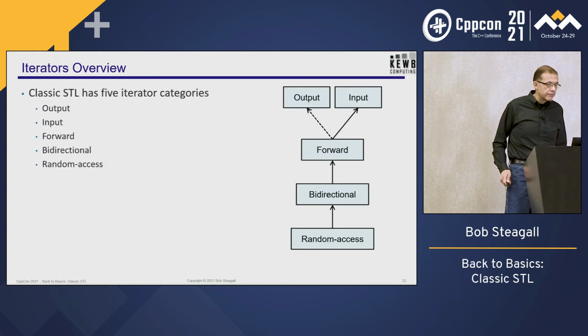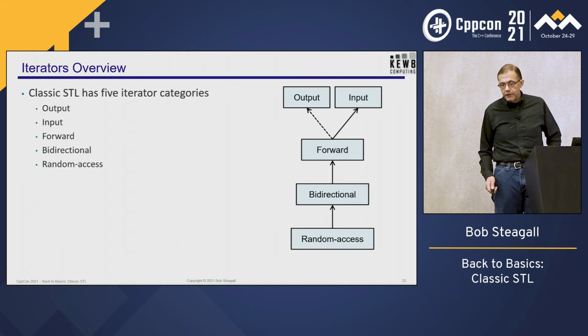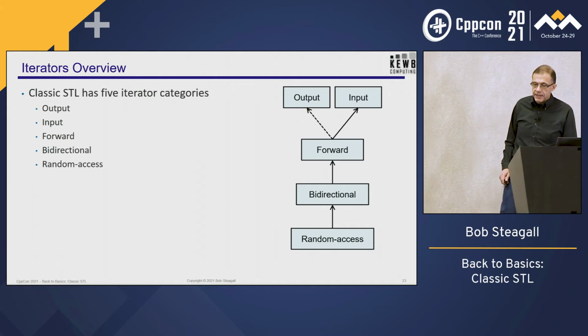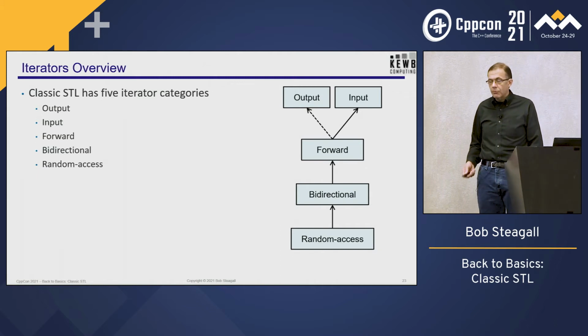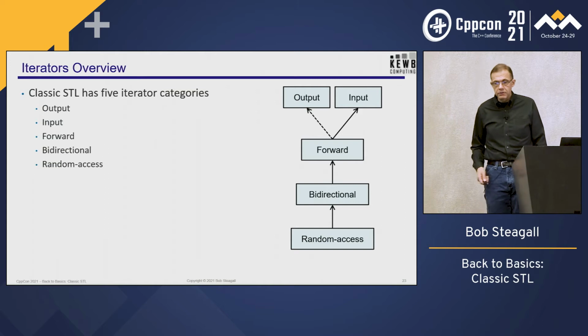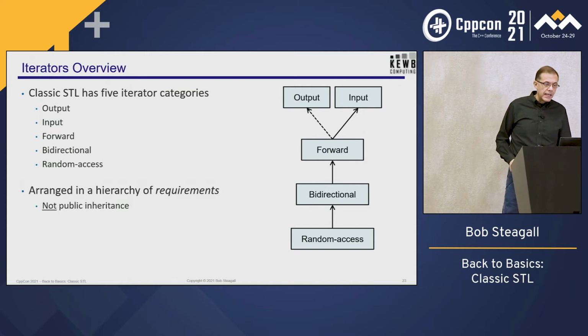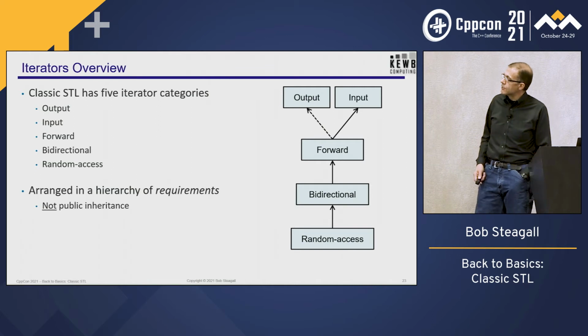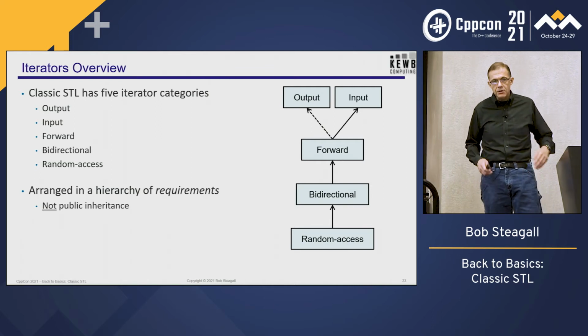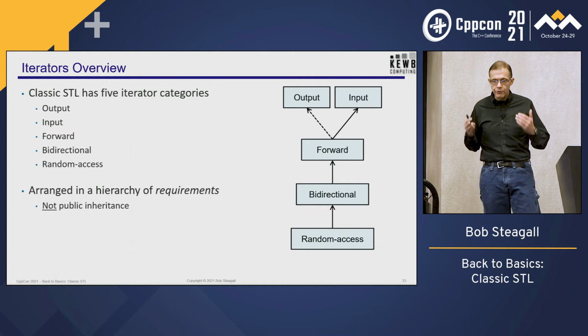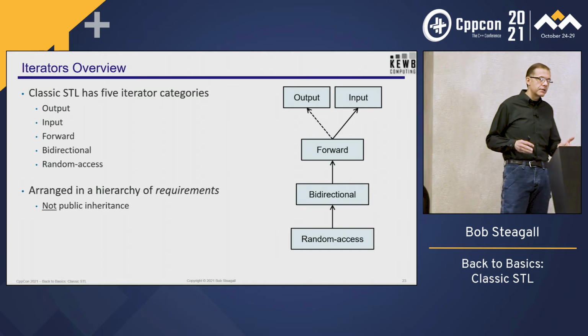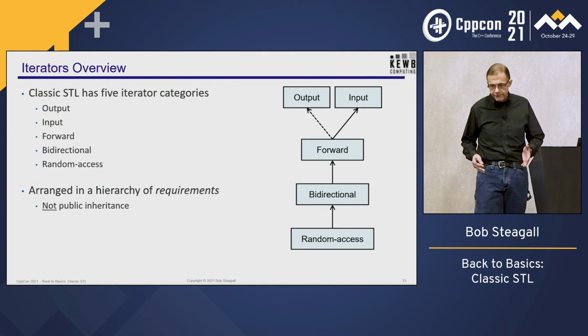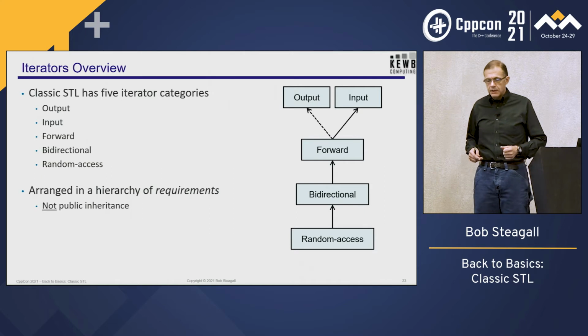So we have 5 iterator categories in the classic STL: output, input, forward, bidirectional, and random access. You'll see this diagram if you read books or references on STL. These are arranged in a hierarchy of requirements. The arrows in this case do not mean public inheritance.